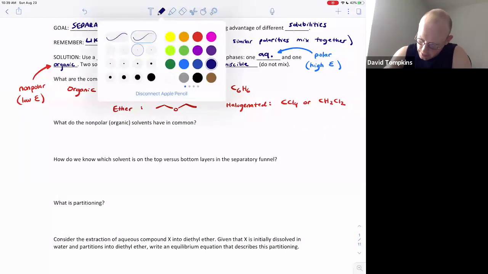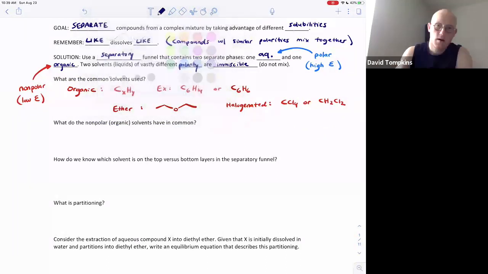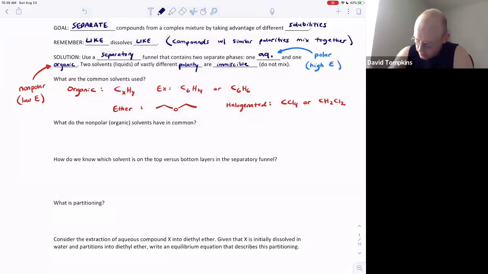And all of these nonpolar solvents have the common theme of a vast number of carbon-carbon sigma bonds and carbon-hydrogen sigma bonds in their structure, right? And recall that the electronegativity of carbon is equal to the electronegativity of hydrogen, approximately.